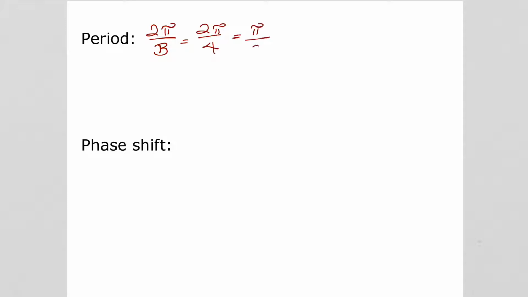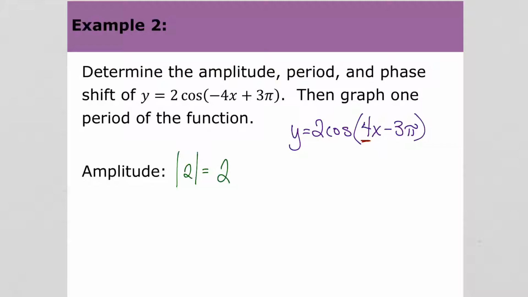Reduce it, so our period is pi over 2. And then the phase shift is C over B. So our C is now positive 3, remember, opposite, over 4.